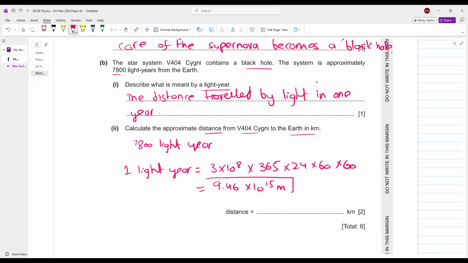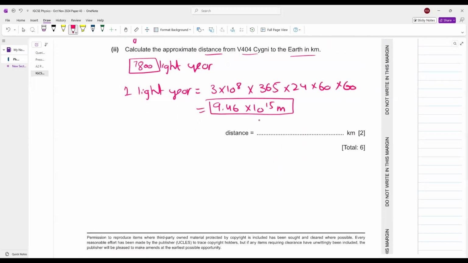एक light year कितना distance होता है? 9.46 into 10 raised to the power of 15 meters. You have to calculate for 7,800 light years. 7,800 into 9.46 into 10 raised to the power of 15. What does your answer come out to be? This answer comes out to be 7.4 into 10 raised to the power of 19 meters.